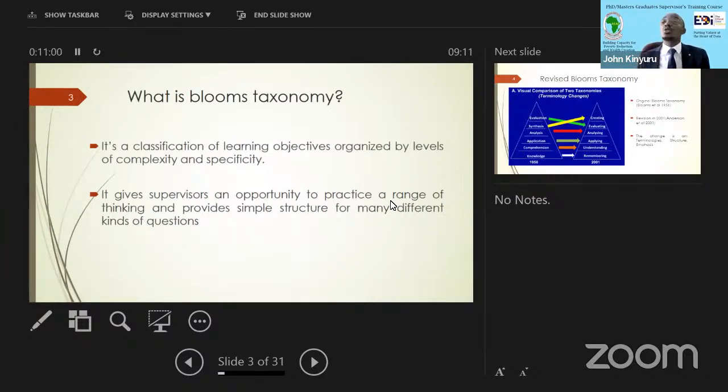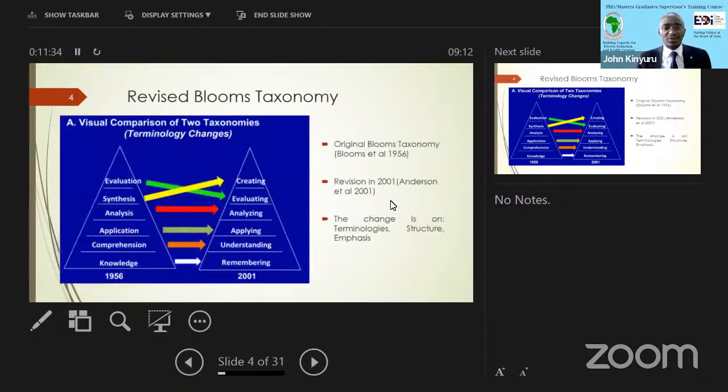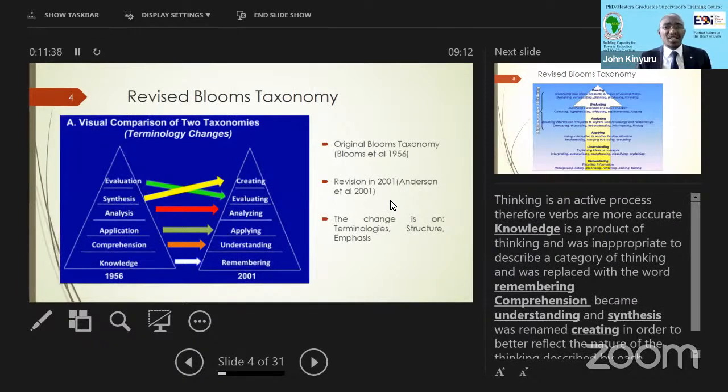This is a classification of learning objectives organized by levels of complexity and specificity. You group and classify the learning objectives of your learner, and as the complexity increases, specificity also increases. So Bloom's taxonomy gives you, as a supervisor, an opportunity to practice a range of thinking, and the taxonomy provides a structure for many different kinds of questions.